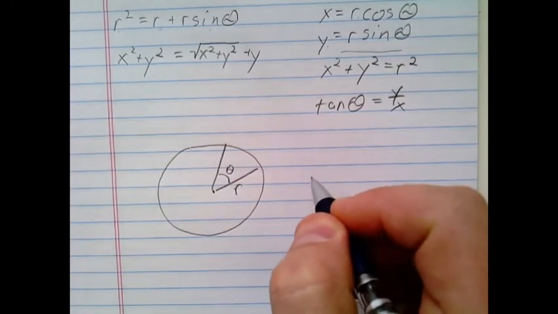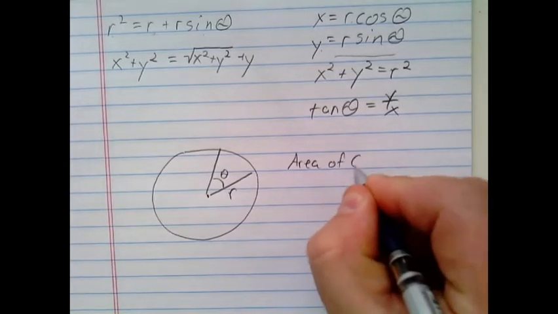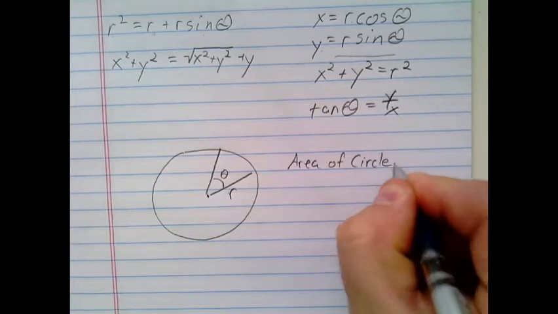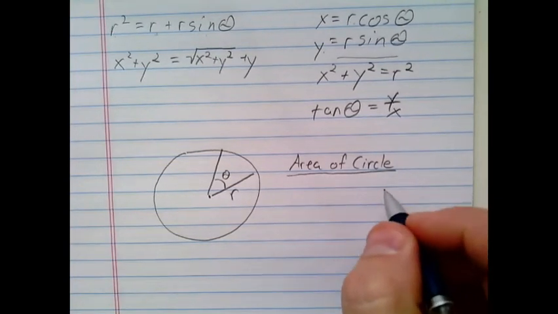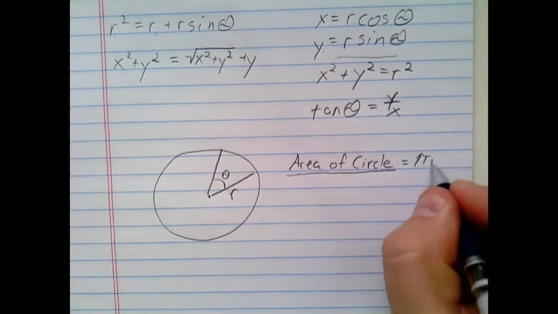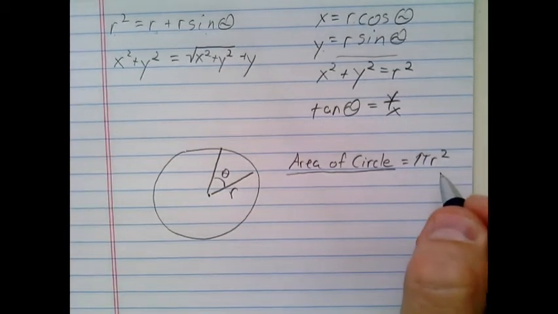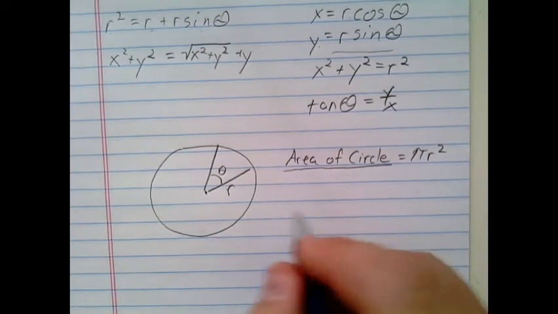Now the area of the circle, since we've just said this is a circle with a radius of r, is just pi r squared, the basic area formula that you've known since middle school probably.